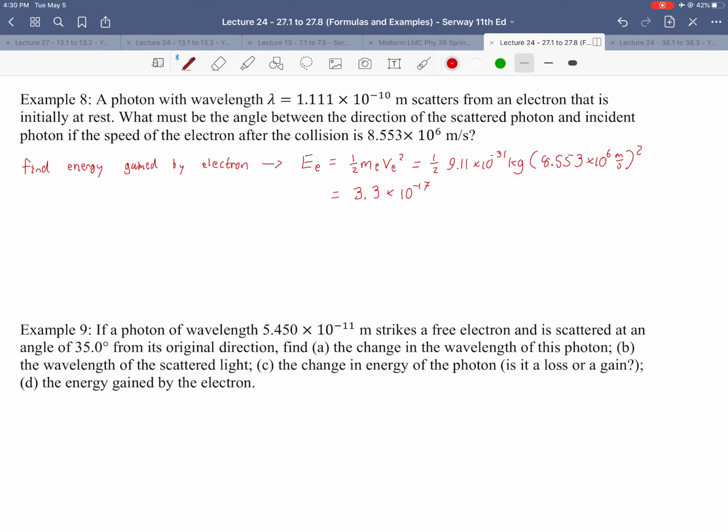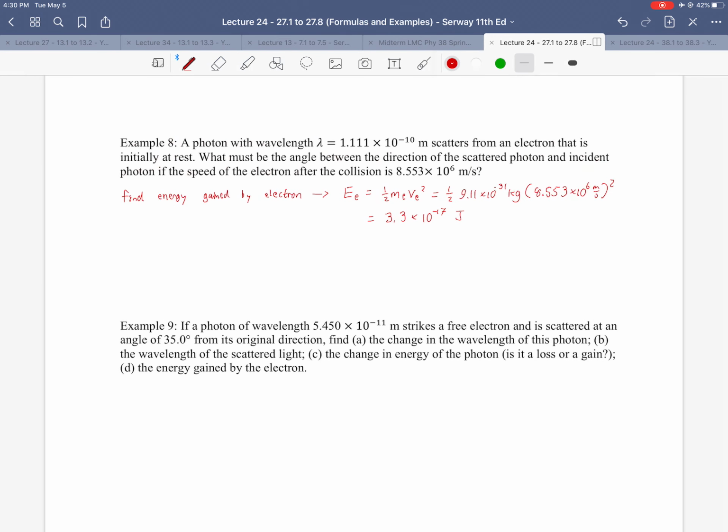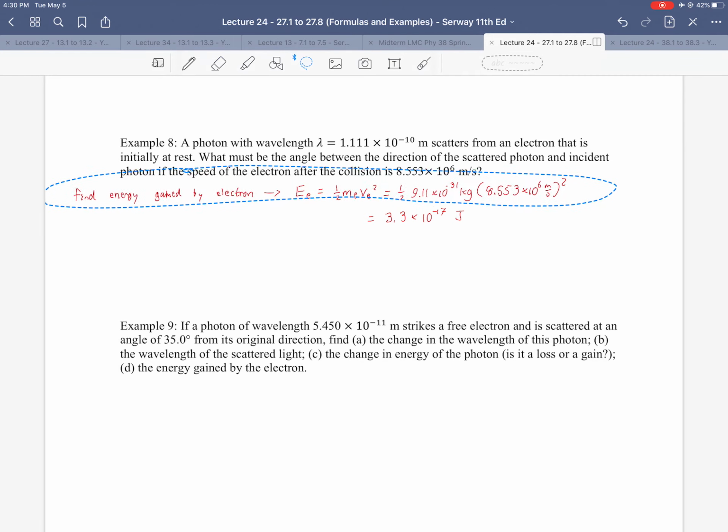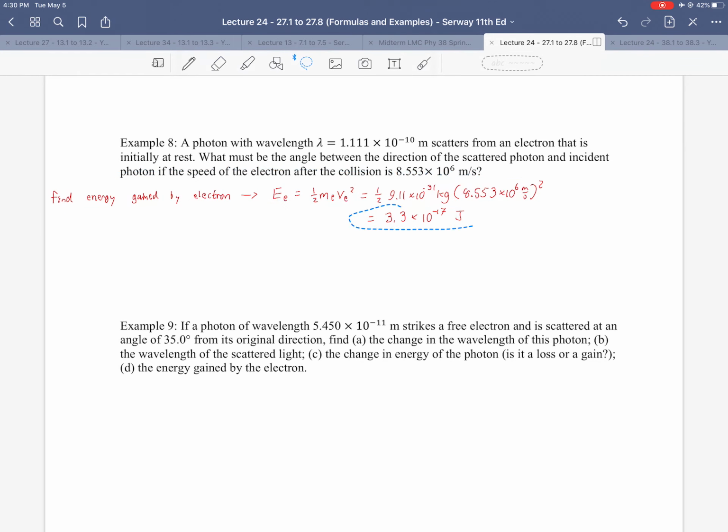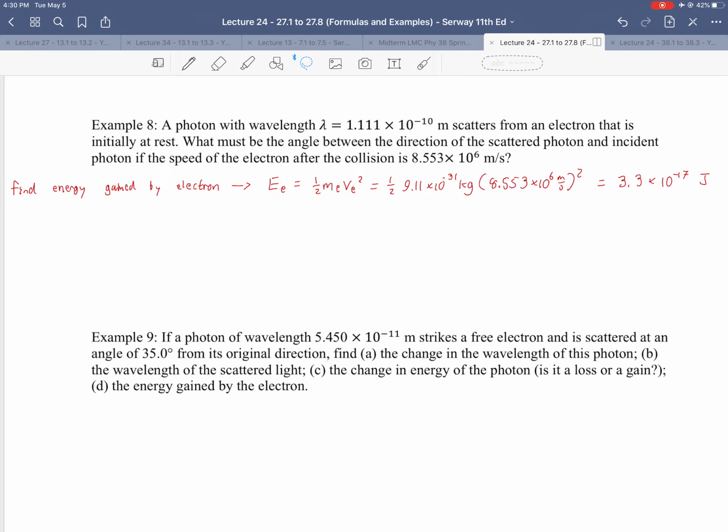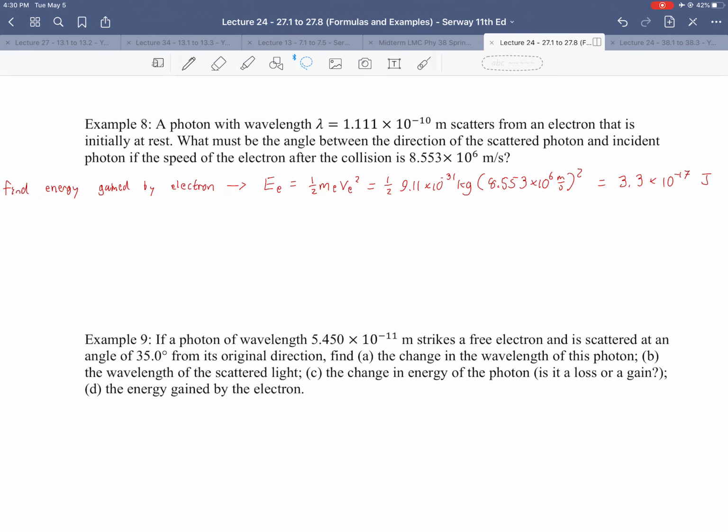I need some space here, so I'm going to fit this in one line actually. There we go. There's a zoom that shows everything. And we know that the energy gained by the electron must be lost by the photon, because there's nowhere else for energy to go here. There's certainly not heat at the scale of individual photons and electrons.